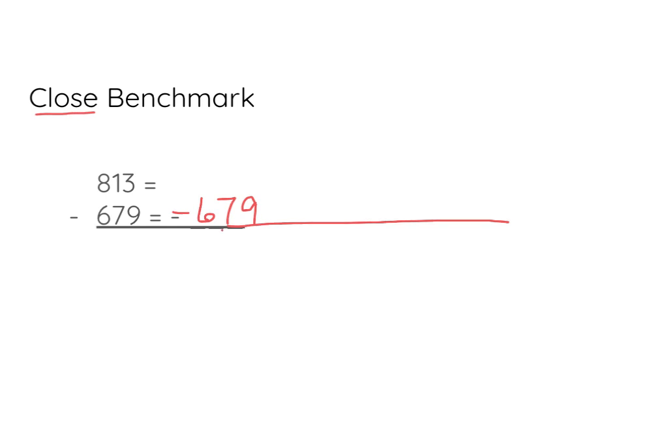So 679, my next 10 is 680. Now I need to get to my goal of 813. So I add a 20 to get to 700. And then a 113 to get to 813.